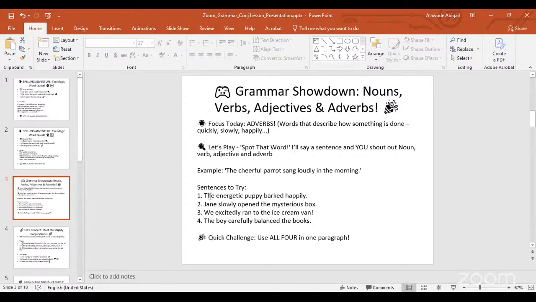The energetic puppy barked happily. Energetic is an adjective. Correct.